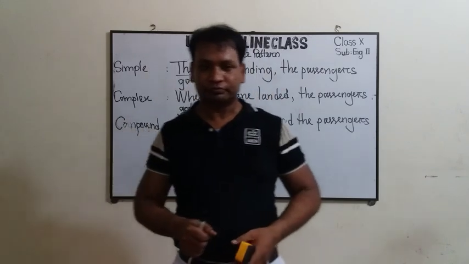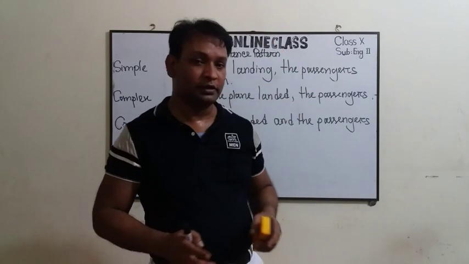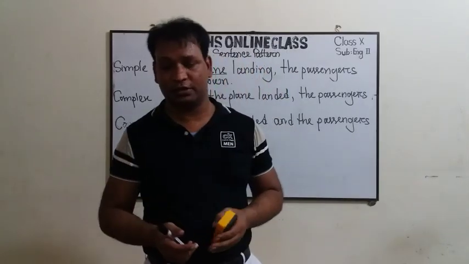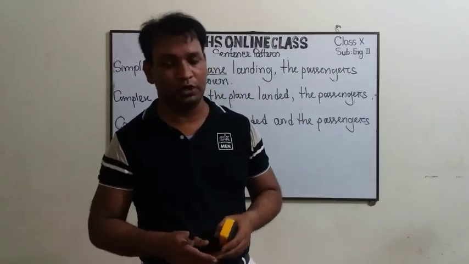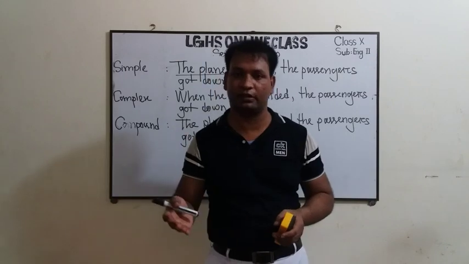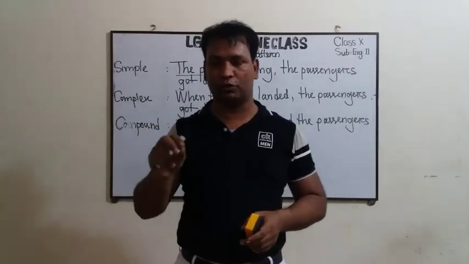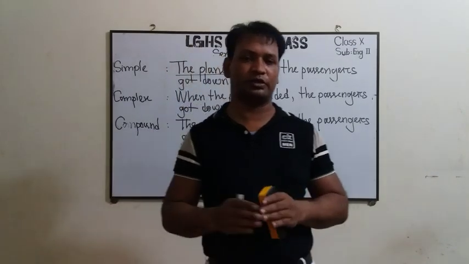Now, we are going to review the key points we have learned so far. We learned that according to patterns, all sentences are classified into three groups: simple, complex and compound. A simple sentence is a sentence in which there is only one subject along with a finite verb and there is no use of conjunction.